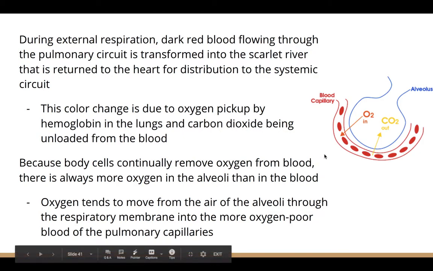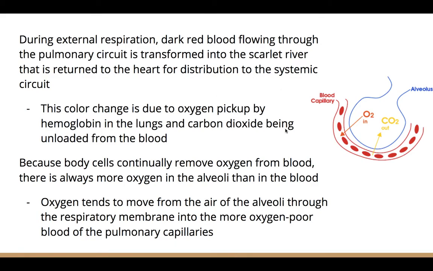And the reason why it changes colors is because it's picking up oxygen. So the color change is due to oxygen picked up by hemoglobin in the lungs and carbon dioxide being unloaded from the blood. So both of these two things are happening. We're having oxygen coming in and carbon dioxide going out.